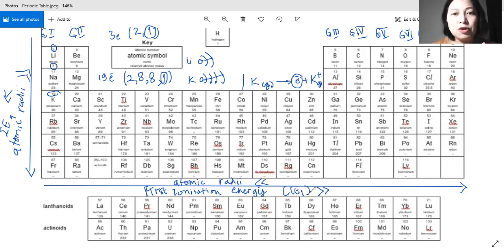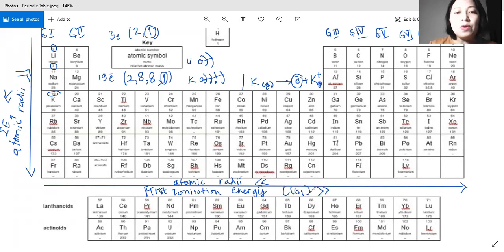So one thing that we should remember is that the trend of ionization energy is the opposite of the trend of the atomic radii. And the second thing we need to remember, in the same group as it goes from top to the bottom, the number of shells is increasing, so the atomic radii are increasing. So then the opposite, the first ionization energy, is decreasing.